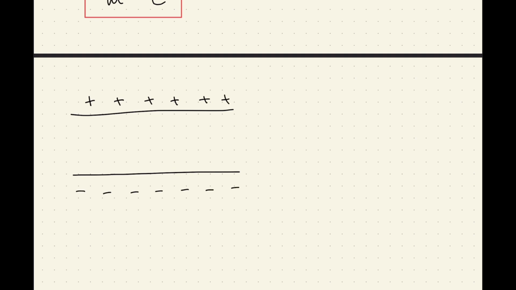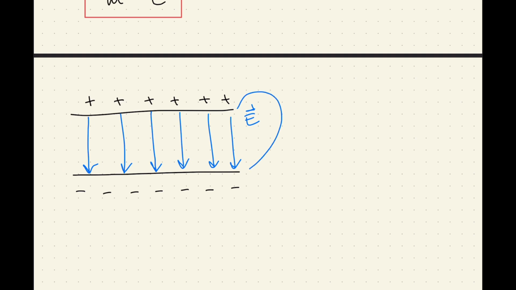In the first chapter, you learn that these plates create an electric field between them because the positive charge shoots out the electric field, and the negative charge is like the absorber of the electric field. So what we have here is the electric field, and we want to find the potential difference between these two points.